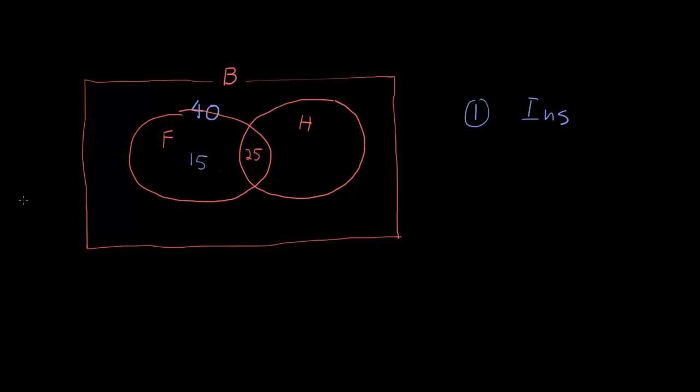So what about statement 2, which we'll consider on its own? Statement 2 on its own: 60 of the books are hardcovers and the rest are paperbacks, so 60 in this circle. So that 60 comes from this section and this section, which means, all right, 60 minus 25 leaves us 35 for this section.